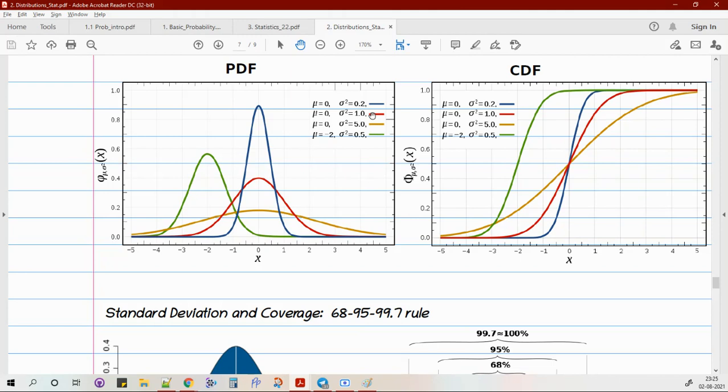If I increase sigma square to 1, it looks something like this. Again, a bell curve, symmetric about the axis passing through the mean, parallel to y, but the density is varying much more. If I take sigma equal to 5, it is varying everywhere, scattered, right? The values are scattered.